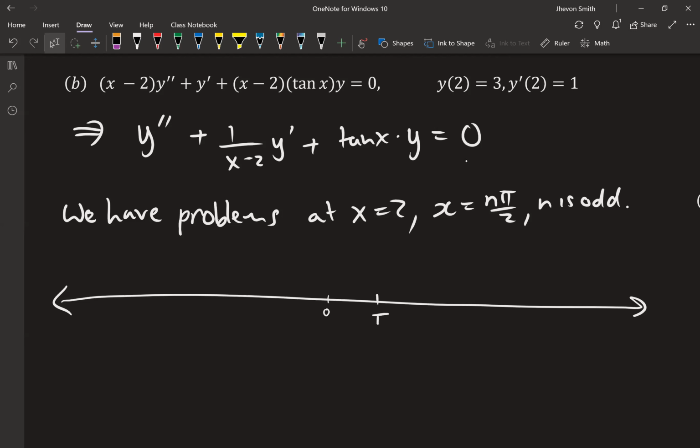There's going to be a pi over 2, a 3 pi over 2, a 5 pi over 2, etc. There's going to be a minus pi over 2, a minus 3 pi over 2, a minus 5 pi over 2, etc. And then there's going to be an issue that occurs at 2. Now, where does 2 actually show up? On which of these intervals would 2 be?